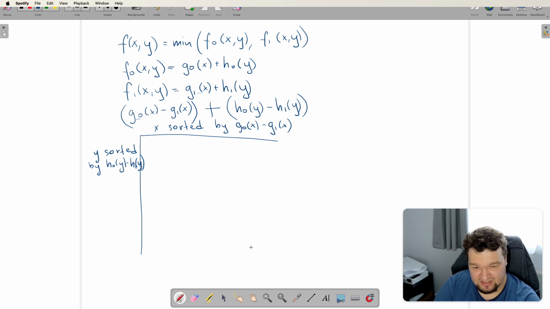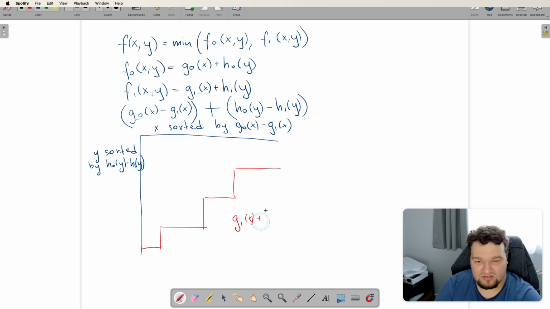But when we move in this direction, it becomes better and better to go with ones, and at some point it becomes just better to go with ones. And so actually there will be some kind of divide, something like this. So here we will take ones, and here we will take zeros.